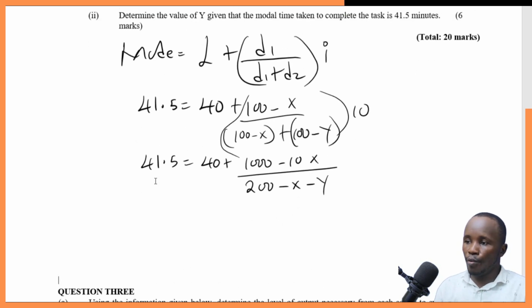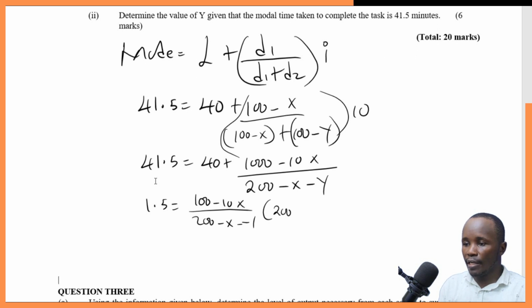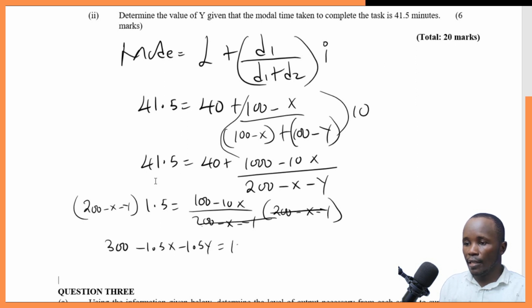Here you end up with 1.5. 1.5 is equal to 1000 minus 10x divided by 200 minus x minus y. Multiply both sides by 200 minus x minus y. It will give you 300 minus 1.5x minus 1.5y is equal to this.